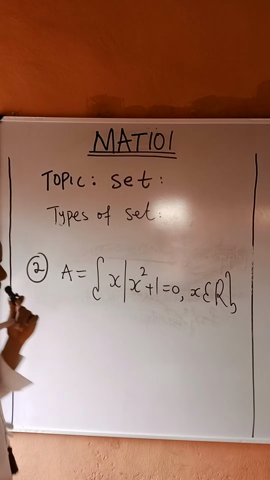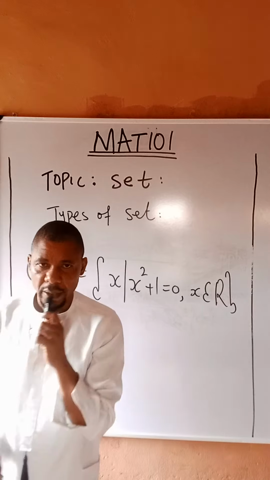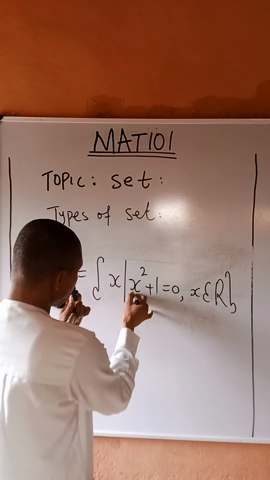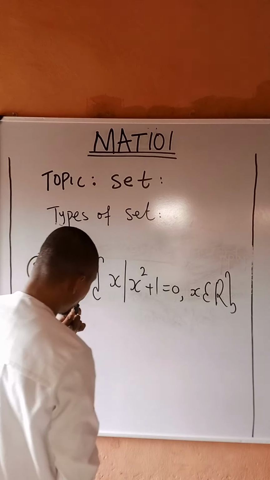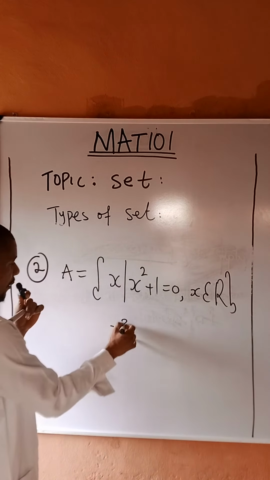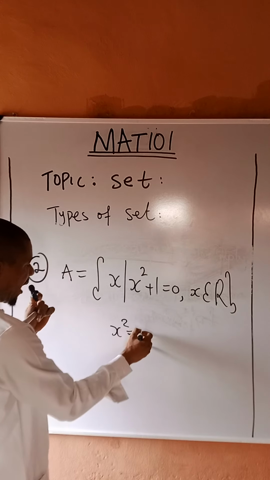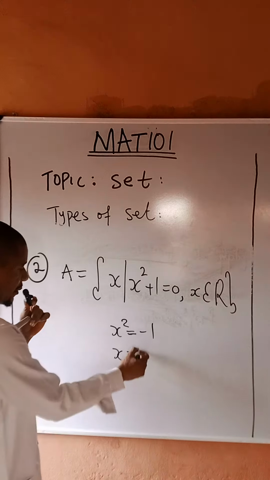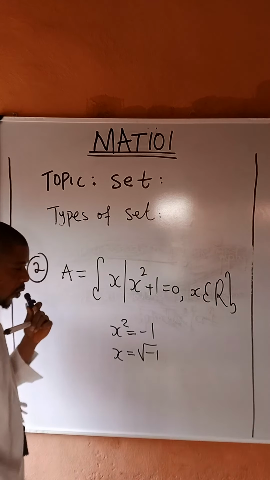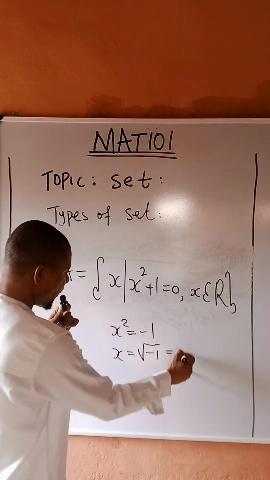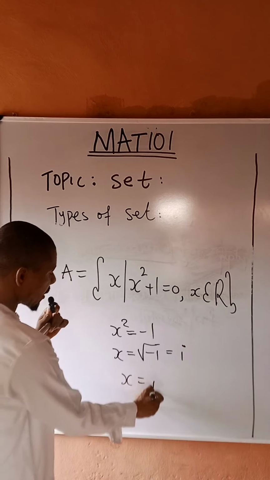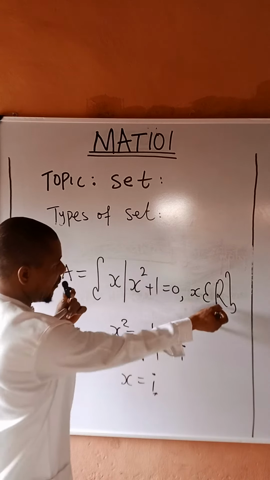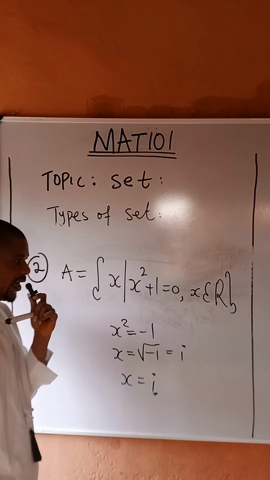So when we look at this, it is an empty set. It is an empty set because if you want to solve it, you will find that X squared is equal to minus 1. And when you want to find the square root of minus 1, it is going to give us a complex number, which is i. So X is equal to i, and you know that i is not an element of the real numbers.